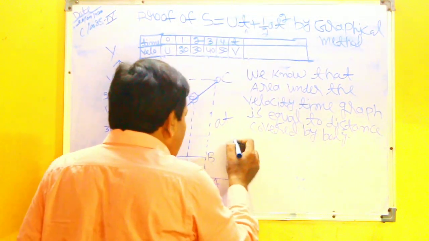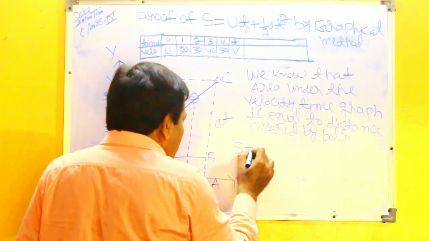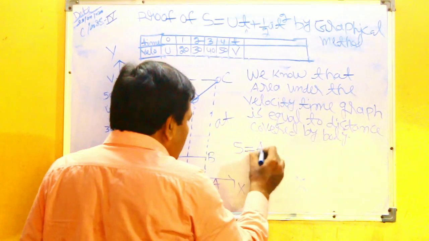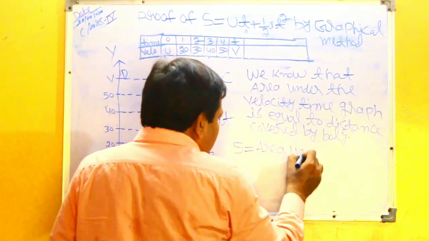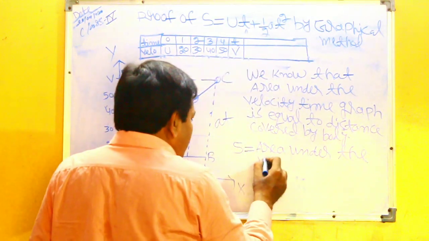So if we denote the distance by s, then s equal to area under the velocity time graph.